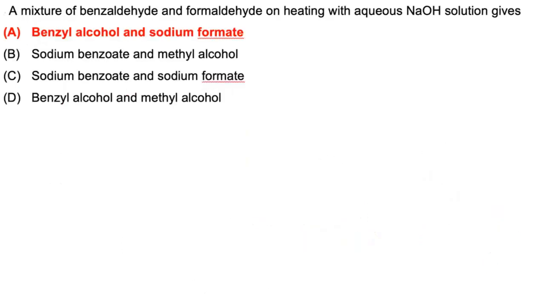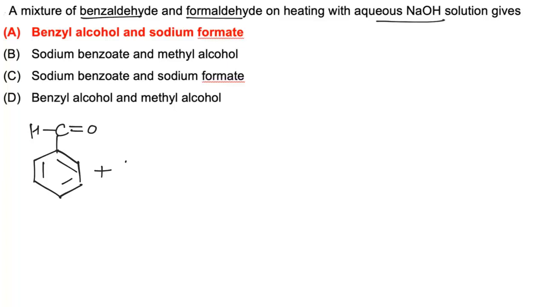In this question we have to identify what product is formed when benzaldehyde and formaldehyde are treated with aqueous NaOH solution. Benzaldehyde is a molecule which does not have any alpha hydrogen atom, and formaldehyde also does not have any alpha hydrogen.